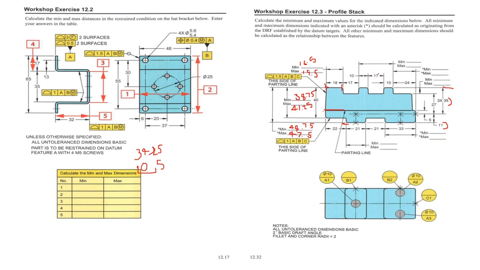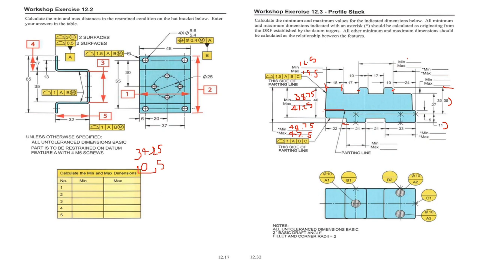Then for this next one, which is 10 plus 17 plus 10, the profile tolerance is 1.5, 0.75 from here and 0.75 from this side. We subtract this 1.5 and add it to this basic dimension to get the minimum and the maximum values here. So the minimum value is 10 plus 17 plus 10 minus 1.5.